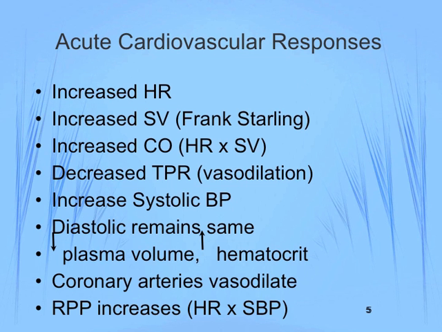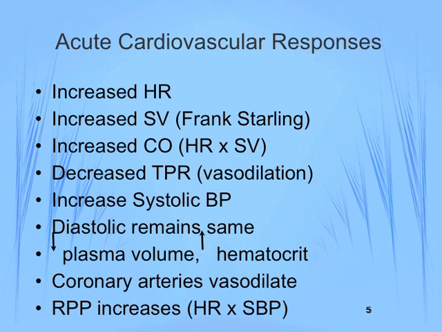If we look at acute changes that occur in the cardiovascular system, every time we go out for a run or ride a bike, our heart rate increases when we start exercising. That's in an effort to increase our cardiac output, to send more oxygen-rich blood to our working muscles so that we can produce energy oxidatively. The second thing that increases is our stroke volume, and we saw that in one of the previous chapters.